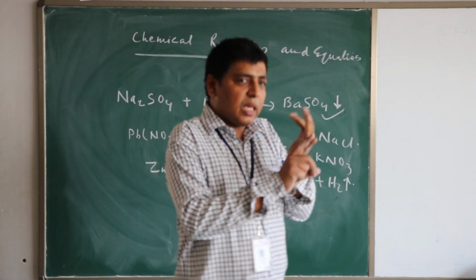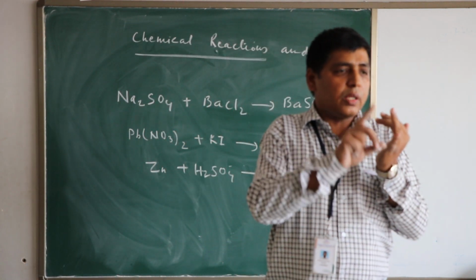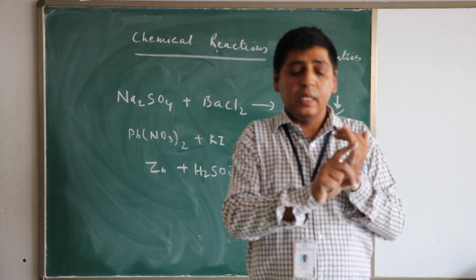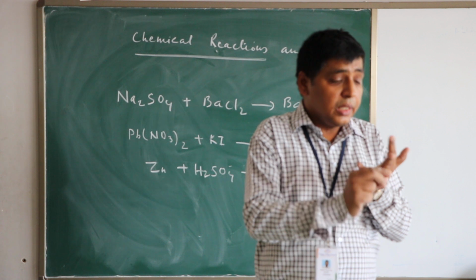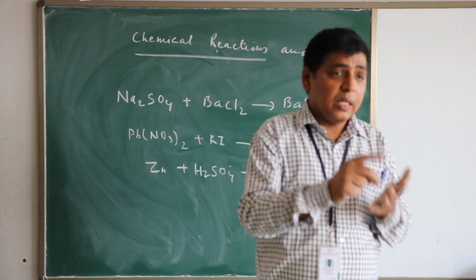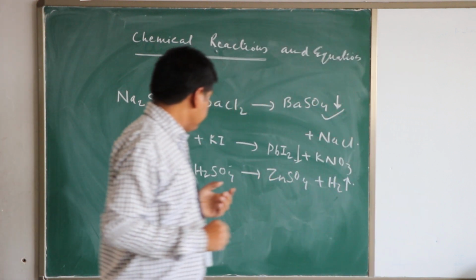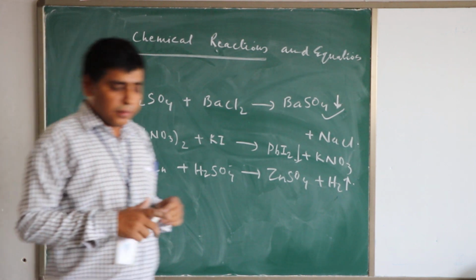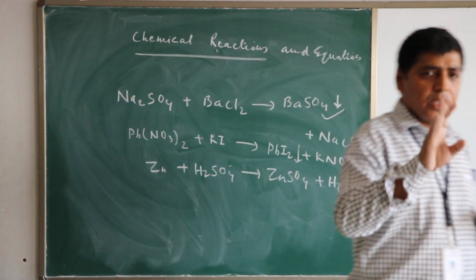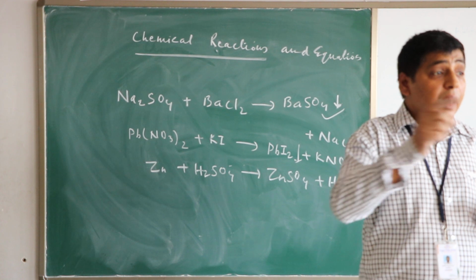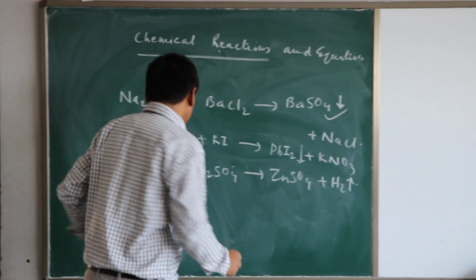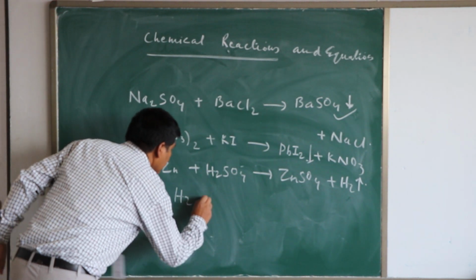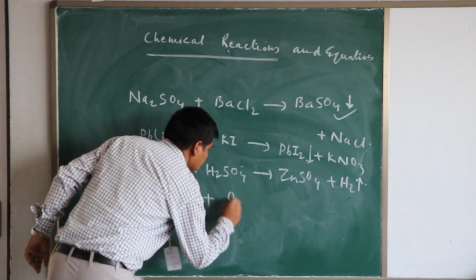So wherever there is a chemical reaction, there can be a change in color, change in temperature, evolution of gas. There can be one more thing: first of all, it is a chemical change, and this is not a change in physical state. Suppose you are taking hydrogen plus oxygen.